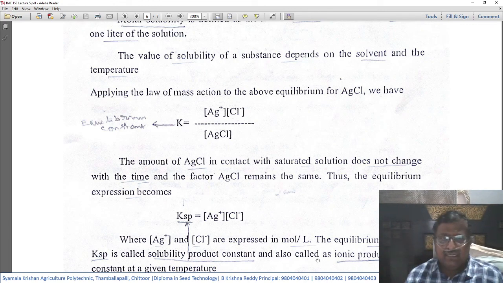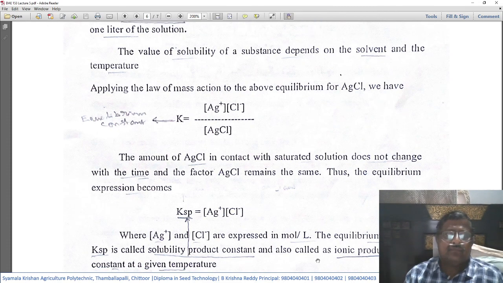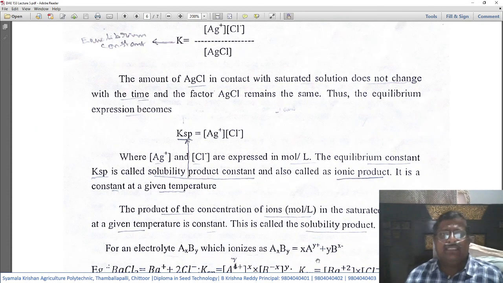K is equal to [Ag+][Cl-] divided by [AgCl]. Then the amount of AgCl in contact with the saturated solution does not change with time and the factor [AgCl] remains the same. Thus the equilibrium expression becomes as under.